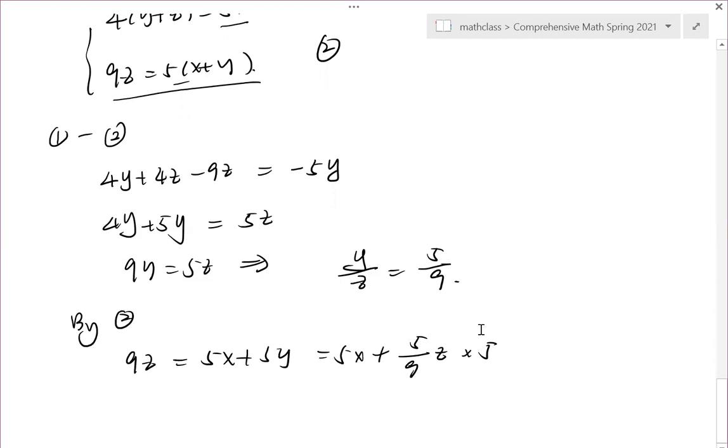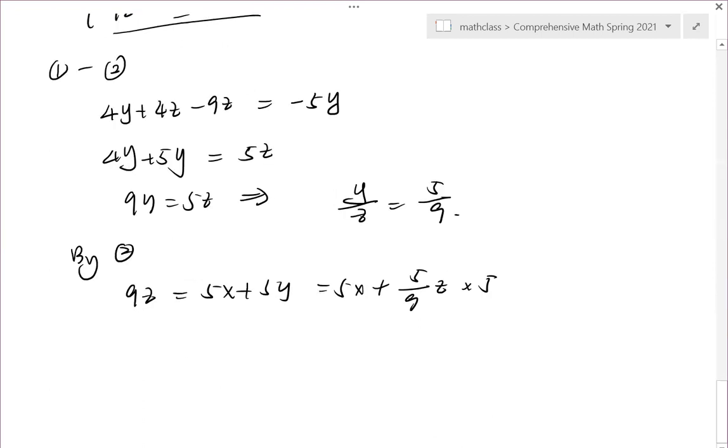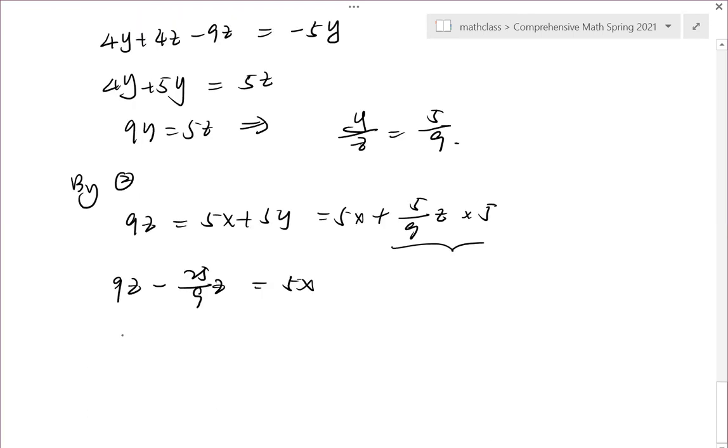So from here you can move this term to the left hand side. It's 9z minus 25z over 9 equals 5x. So let's simplify it. 81 minus 25 is 56.